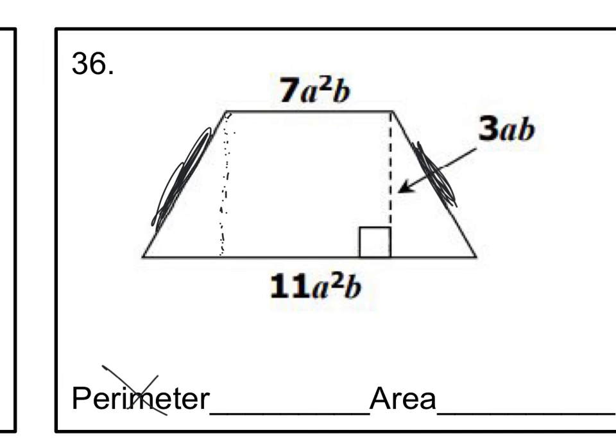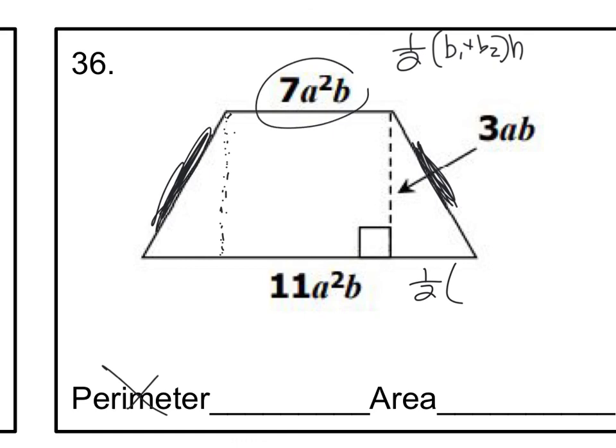All right, so let's just do area. This is a trapezoid, so it's going to be 1/2 times base 1 plus base 2 times height. So let's add our bases together. There's 18 of them, right? 18a squared b times your height, 3ab.